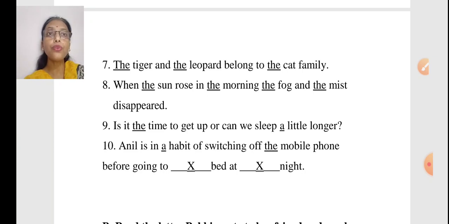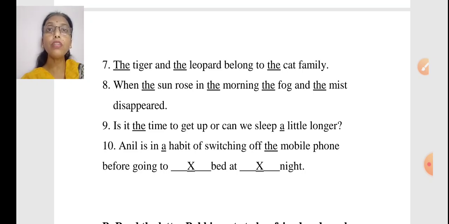When the sun rose in the morning, the fog and the mist disappeared. The in front of sun, because with sun, I'm talking about something in particular. Yes, the sun, the moon, the earth. That's why. Morning I just discussed, it's the part of a day. That's why the morning, a particular time I'm talking about. Fog and mist, why is the there?